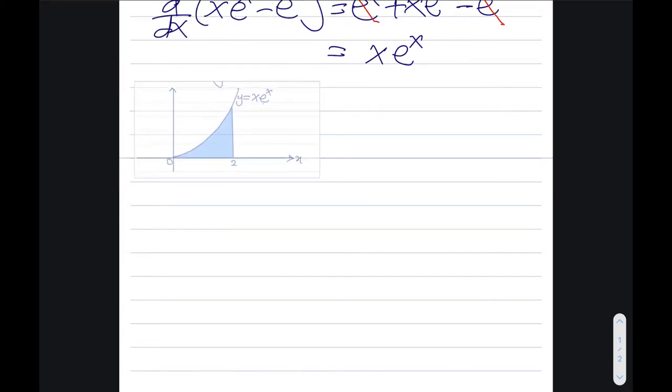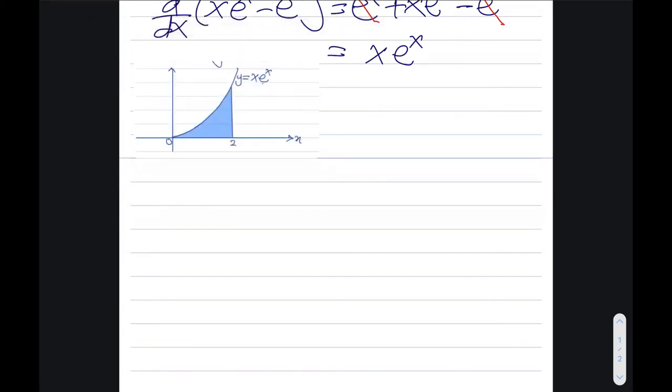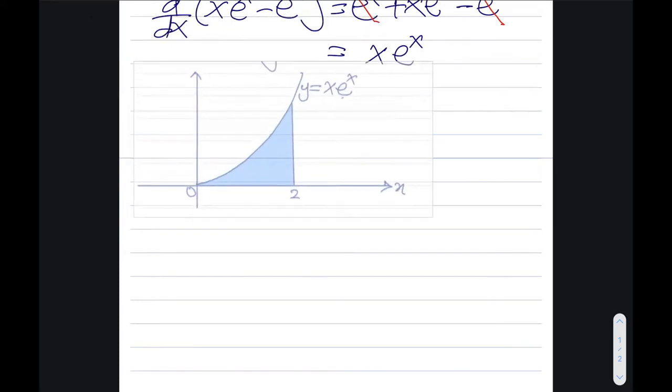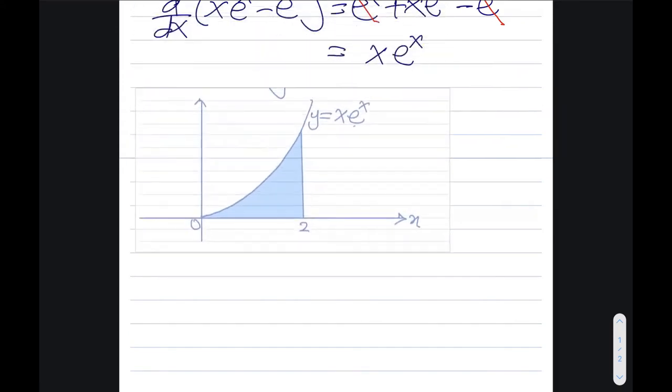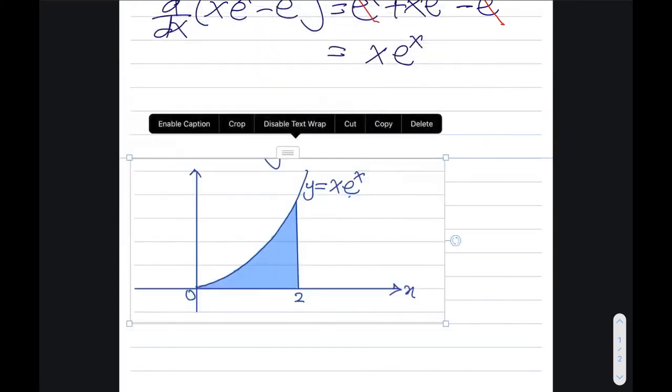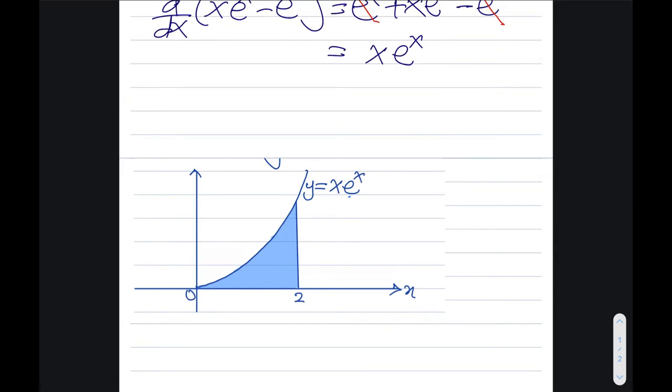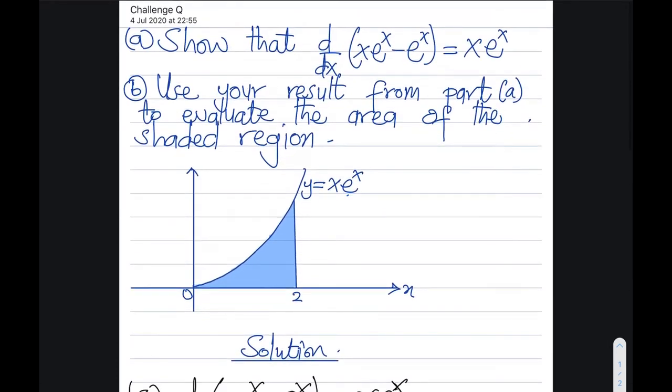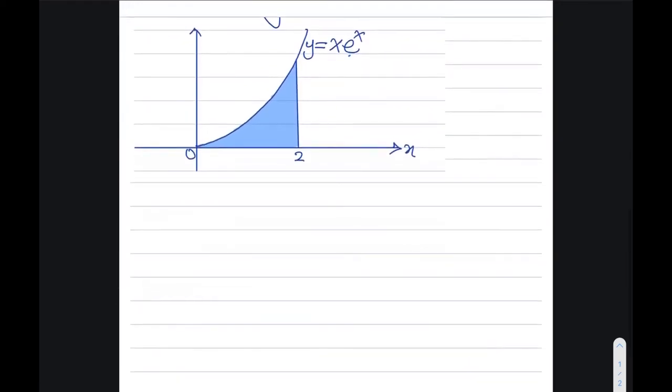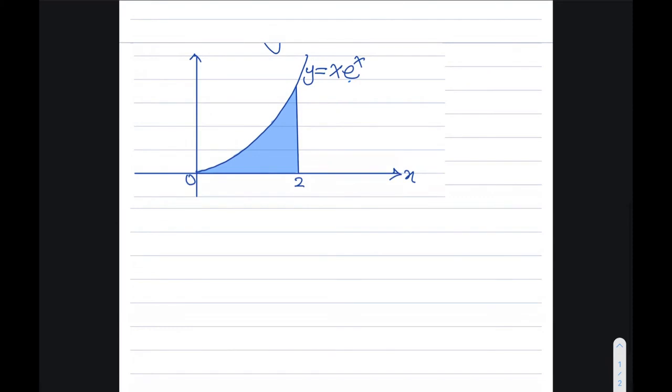Okay, so we have the curve here. Yeah, big enough. All right. Now the question said that from part A, we should be able to evaluate. But what did we get from part A? That will help us to find this shaded area.